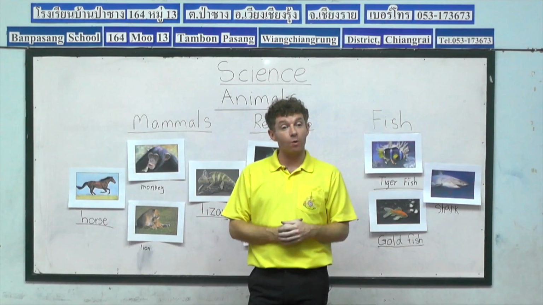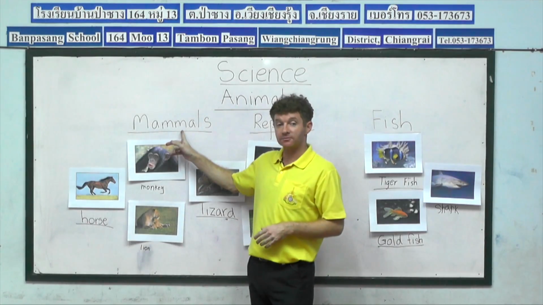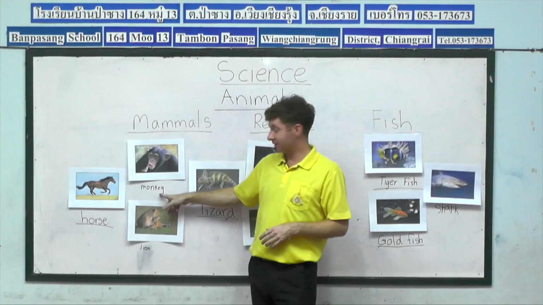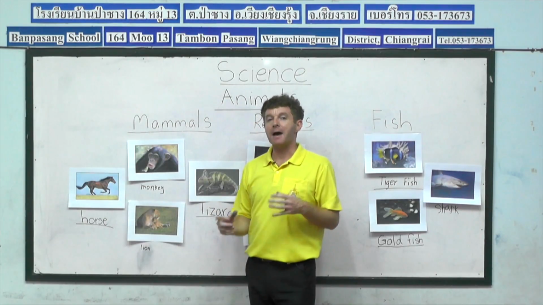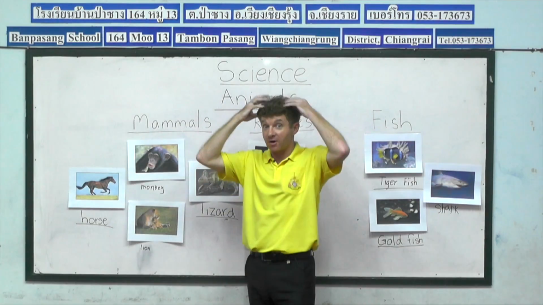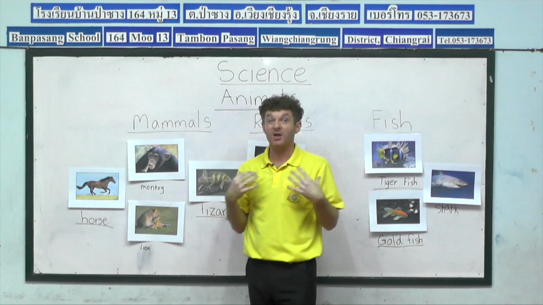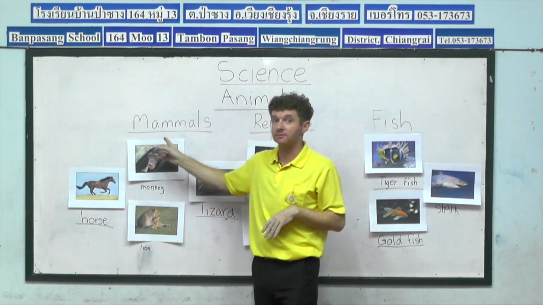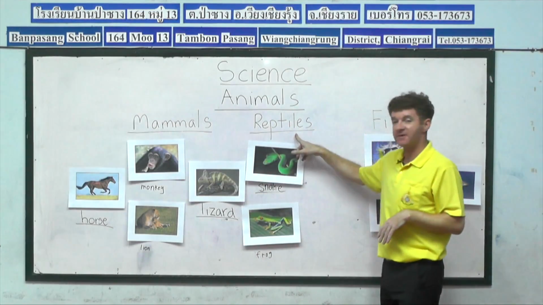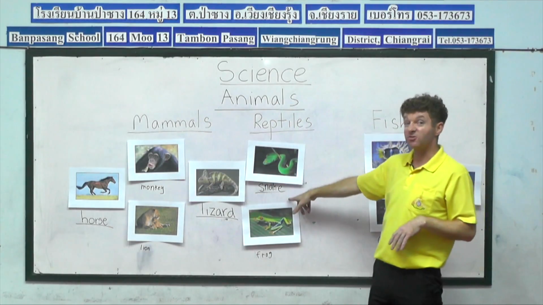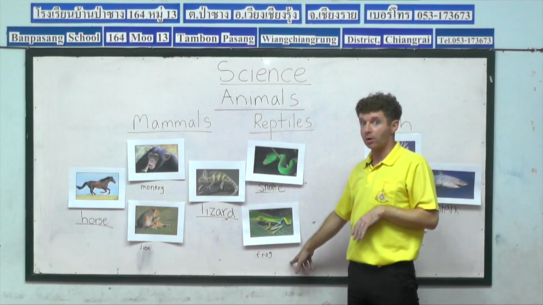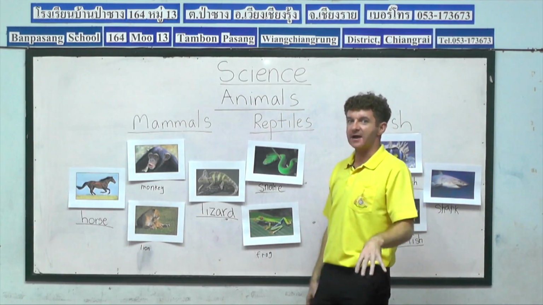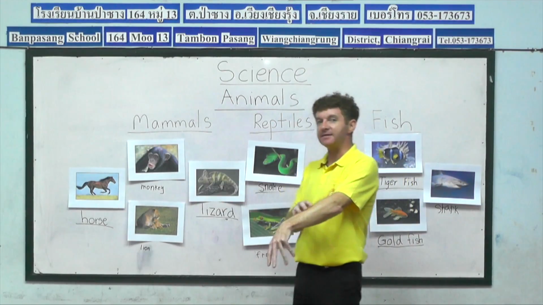So let's practice one more time. Mammals: monkey, lion, horse. Mammals are warm-blooded and have hair or fur, like us. Human beings are mammals. Then reptiles, like a snake, lizard, and frog: cold-blooded animals that have dry, scaly skin.